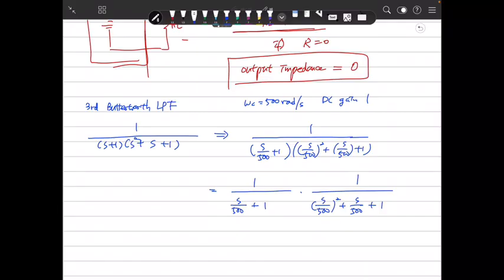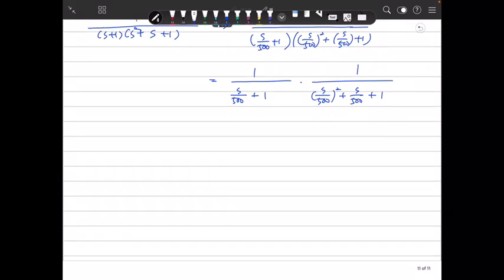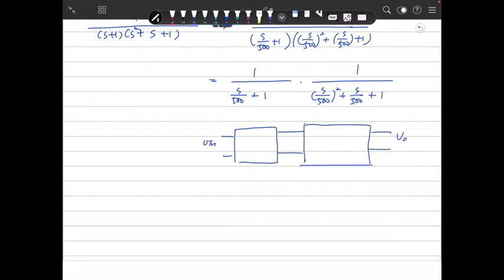So to design this third order Butterworth low pass filter, you make filters. This is Vin, and this is Vout. Then this is here, and this is here. To do that, you should not make any loading effect.